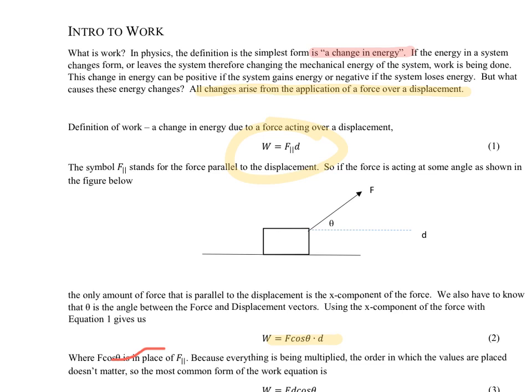And we get that from this drawing here. If we use this drawing, you can see the angle given in that location. If we use the cosine, we would find just the x component of that force, which is parallel, pointing in the same direction, or along the same plane as the displacement. They might not always give you that angle.